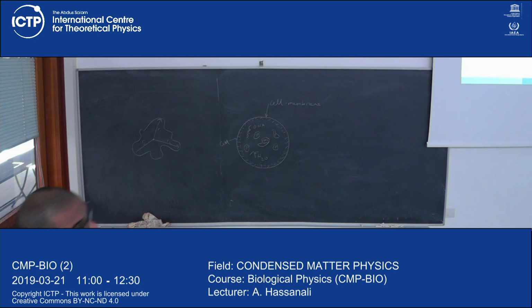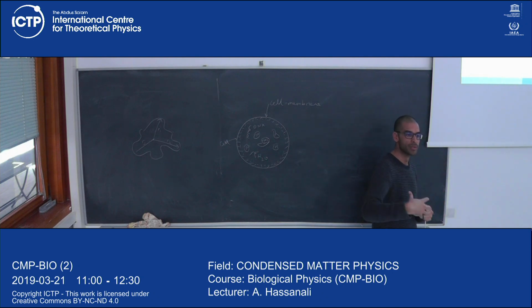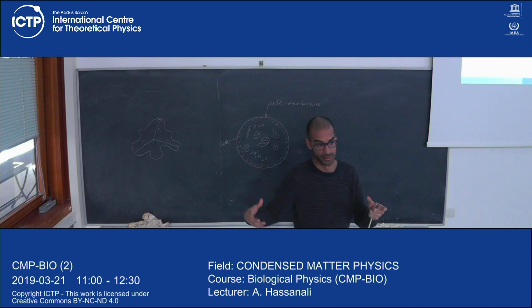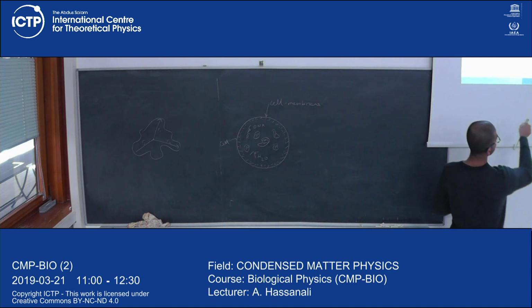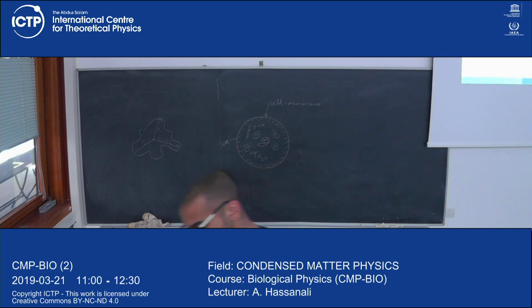And so one has to worry about, for example, building models where you only have a single particle in the cell versus something that is more realistic and you have multiple particles in the cell. Okay, because these distances are not very large. Now, that's, let's say, more from the point of view of a model.